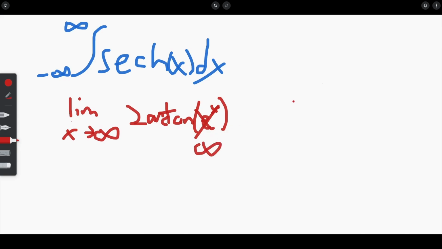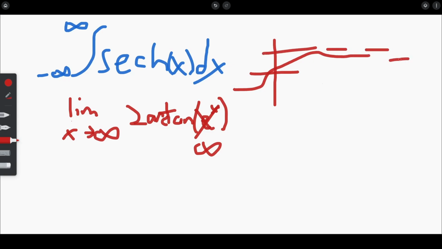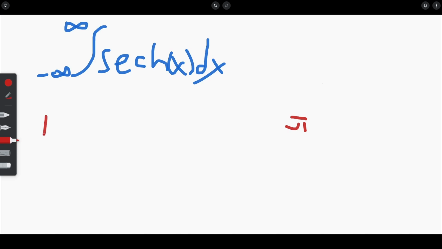But if you think about what arctangent is, and look at that graph here, arctangent has an asymptote at pi over 2. So as x approaches infinity, arctangent of x approaches pi over 2, times 2, approaching pi.